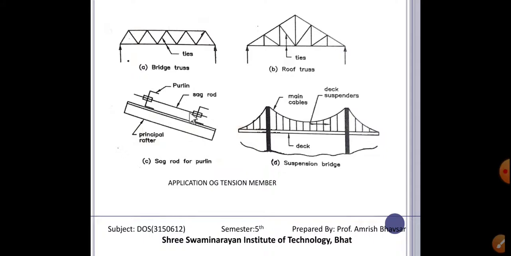This is a sag rod which is below our roofing material, that is galvanized iron sheet. This is our principal rafter. In between there are purlins over here, and that purlin is connected by sag rod. So sometimes these sag rods are in tension. This is cable stayed bridge that we know.